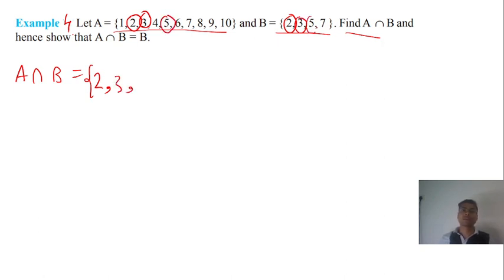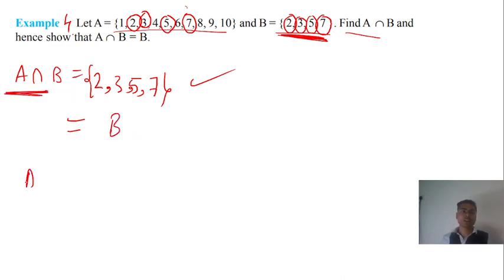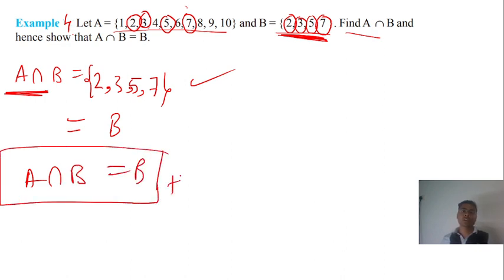We find 7, so we write 7. Any other elements common between them? No. As we just found, all the elements in A intersection B are actually present in B. So we write A intersection B is equal to B, and this is proved.